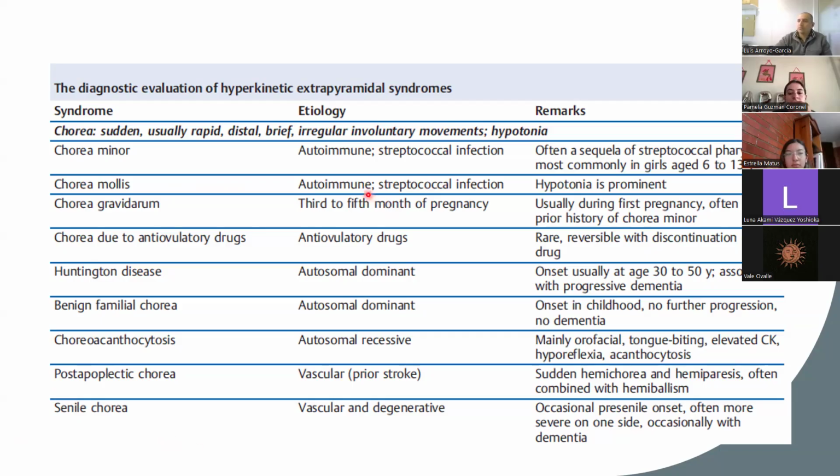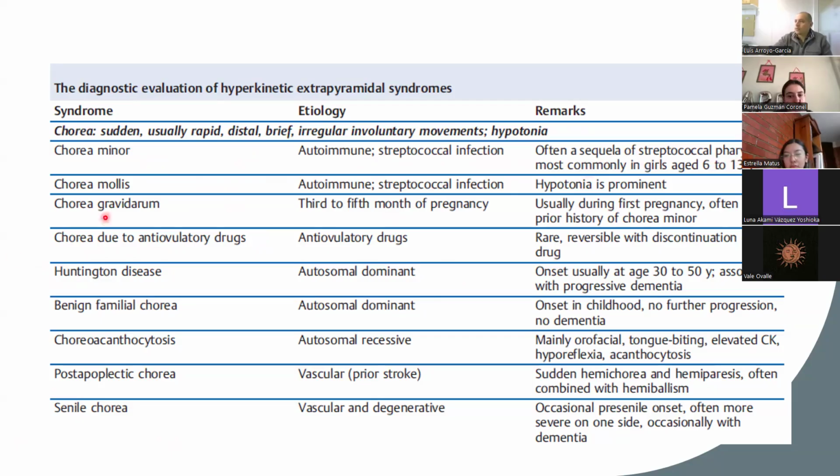One of the most common is Huntington disease, a genetic disease that we're going to check now. Others include chorea minor, which is very tricky because what causes it is a streptococcal infection, most commonly in girls aged 6 to 13 years old, which is very worrying.